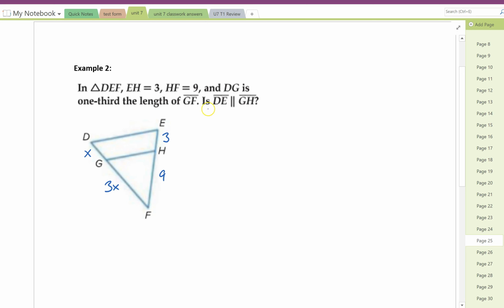Okay, so the question it's actually asking then is: is DE, this line right here, parallel with GH, that line right there? If those two lines are parallel, what it means is that HF over EH would have to have the same ratio as GF over DG.